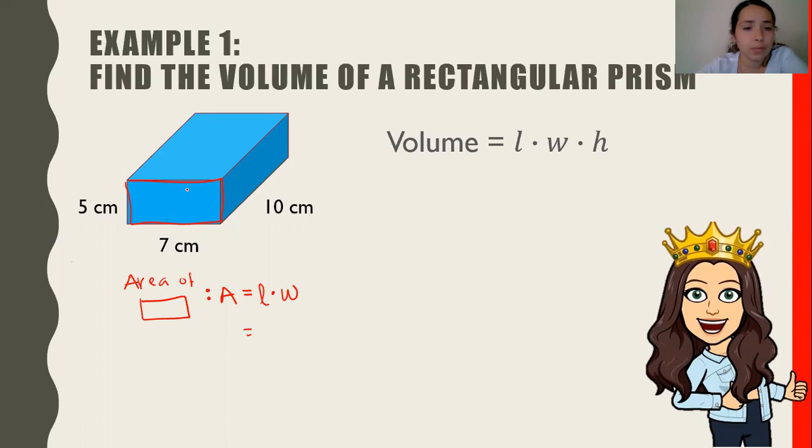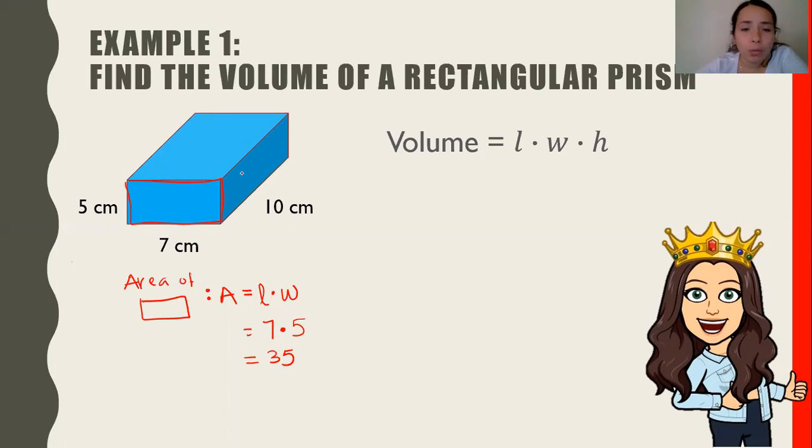Just this rectangle, not the whole thing yet. 7 centimeters. And what's the width? 5 centimeters. Good. So what's 7 times 5? 35. That gives me the area of the rectangle.